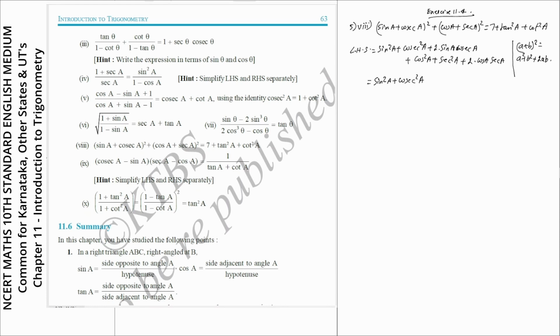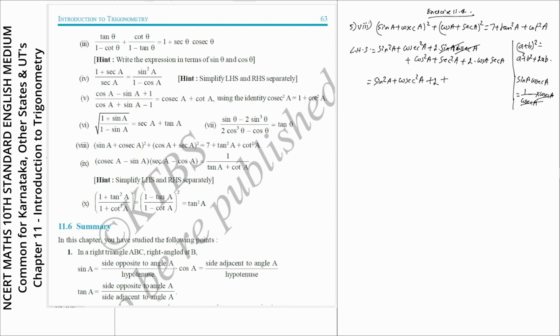Now here you can see 2 sin a cosecant a, here these two will get cancelled and I'll get 2 only, because why? Sin a cosecant a is equal to, sin a is 1 by cosecant a, so 1 by cosecant a into cosecant a, both will get cancelled like this, so only 2 will be remaining.